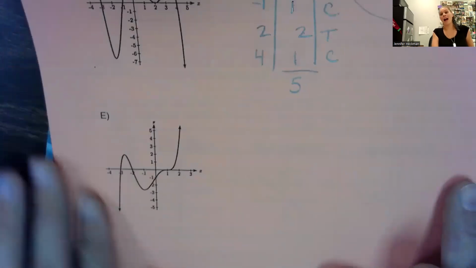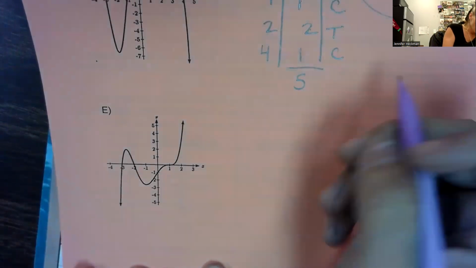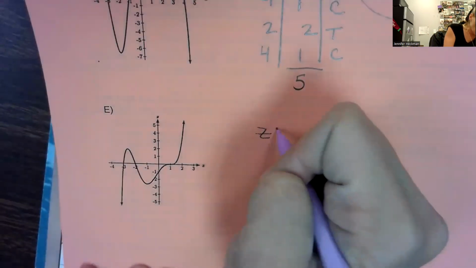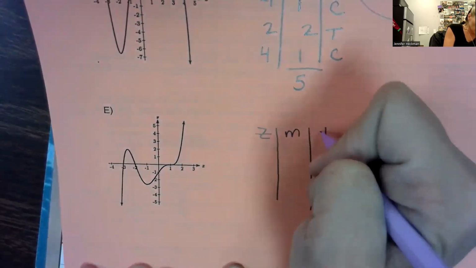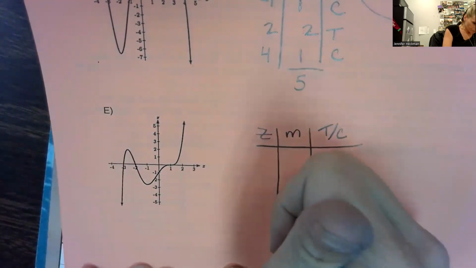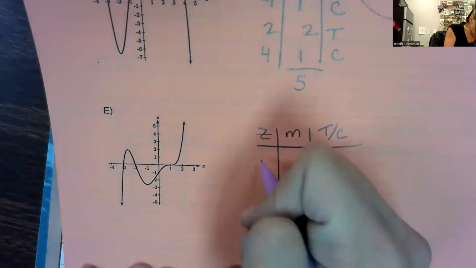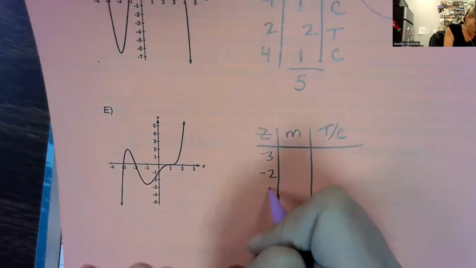Okay, one more. Actually, if you wanted, you can pause the video right now, try it out yourself, see if you get the right answer. Zeros, multiplicity, touch, cross. So we have -3, -2, and 1.